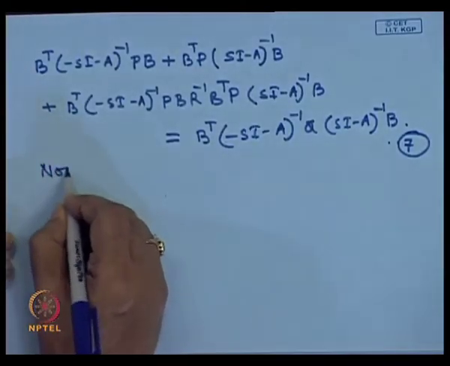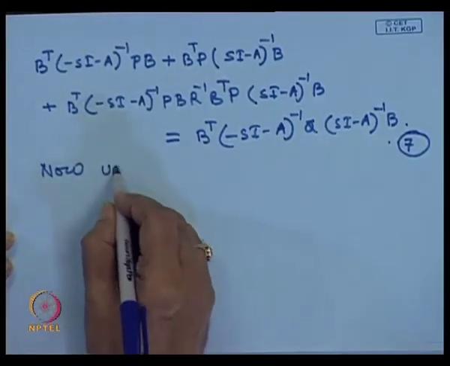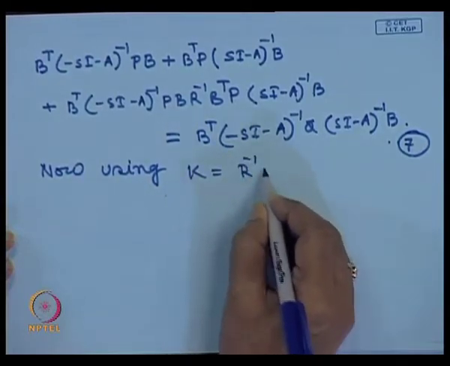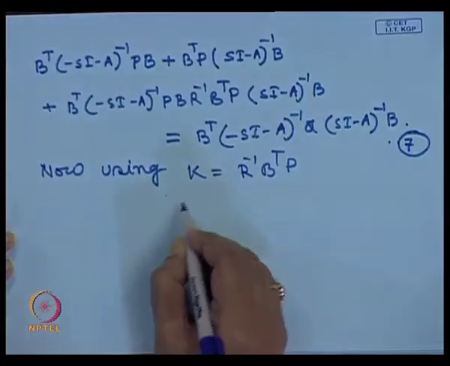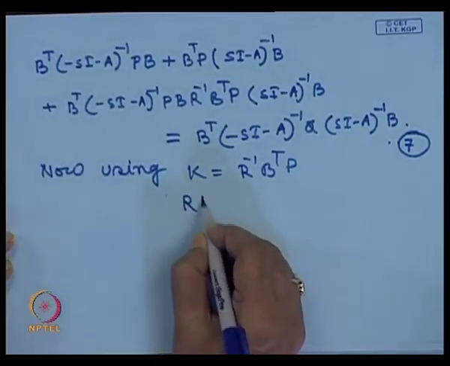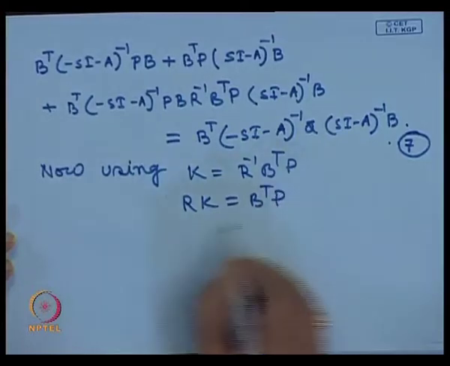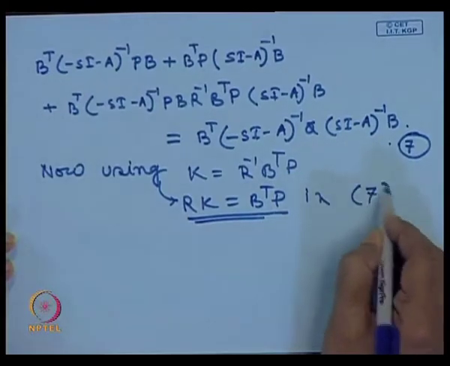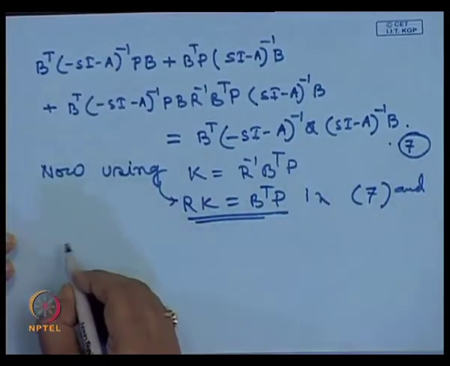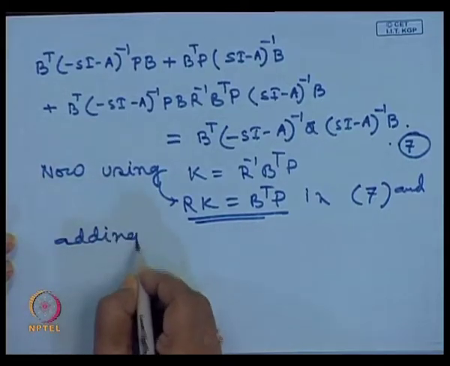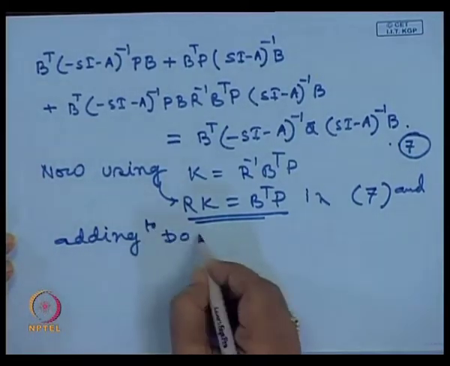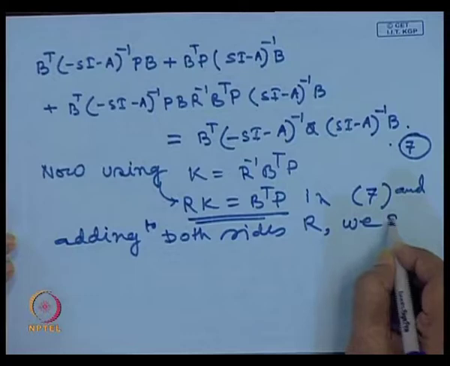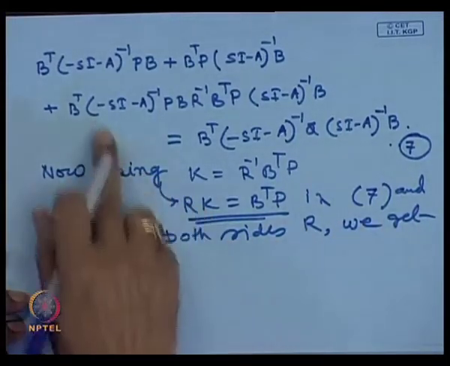Using K is equal to R inverse B transpose P, which we can write as R K is equal to B transpose P. Using this expression in 7 and adding R to both sides, we finally get the following.